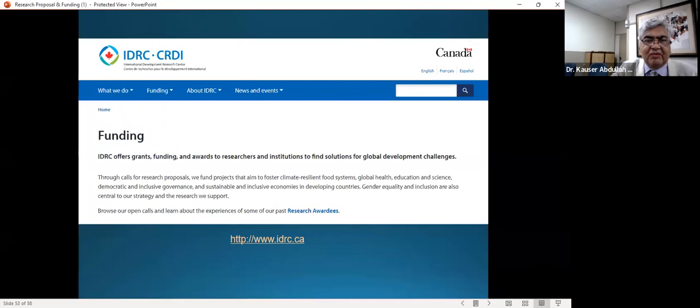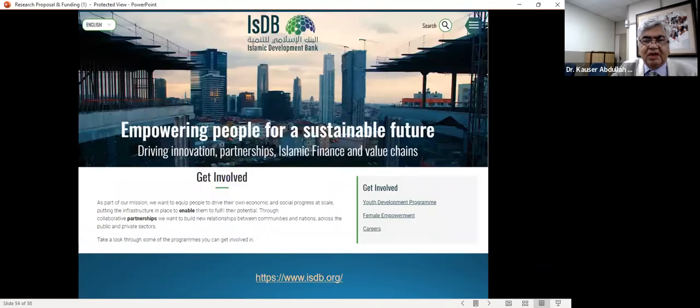IDRC, similarly a development agency which funds bigger grants, empowering people. This is the Islamic Development Bank. They are also involved in bigger grants, and I happen to be a recipient of one of those.